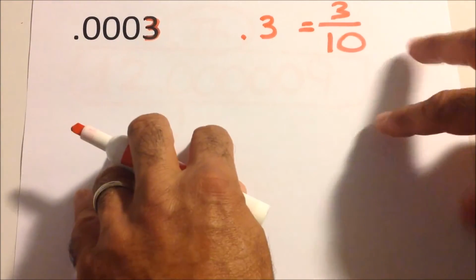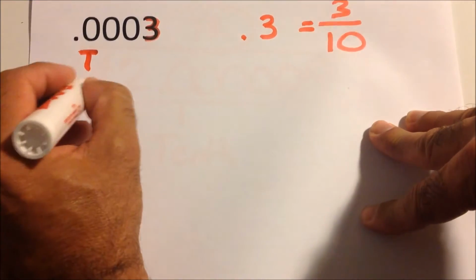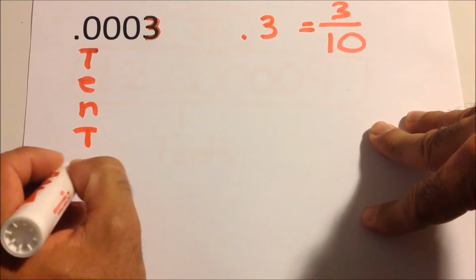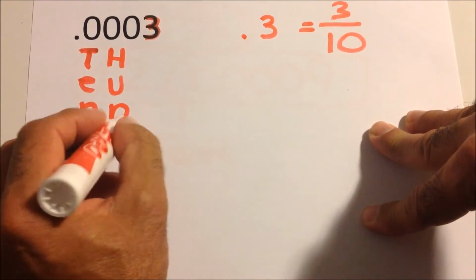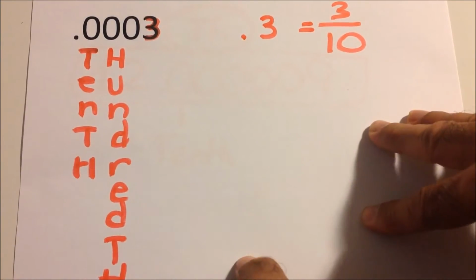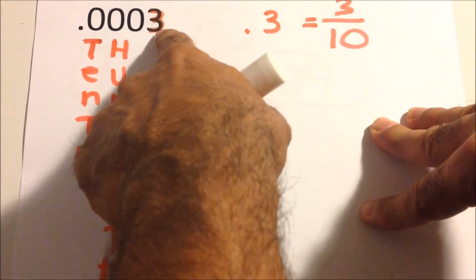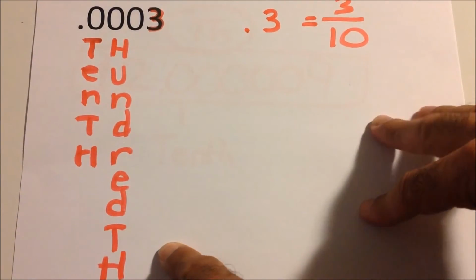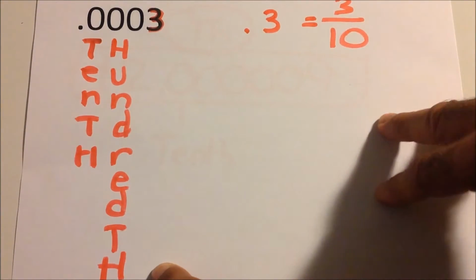So let's look at the place value. We have the tenths place, and then we have the hundredths. Let's see if it fits. Hundredth. Just fits. Then we have the thousandth, right? And the ten-thousandth. So if you know the place value, what's the last place value you use?